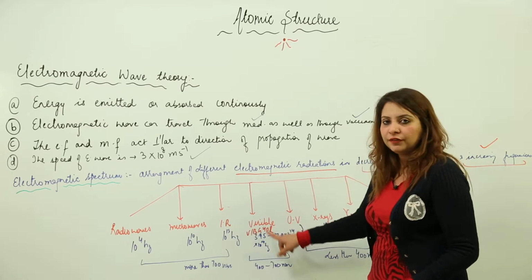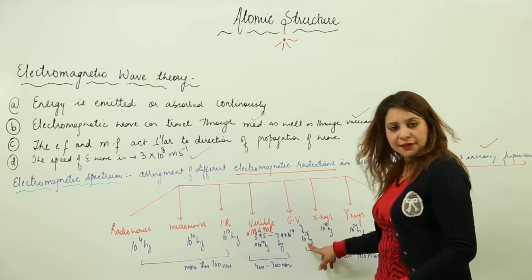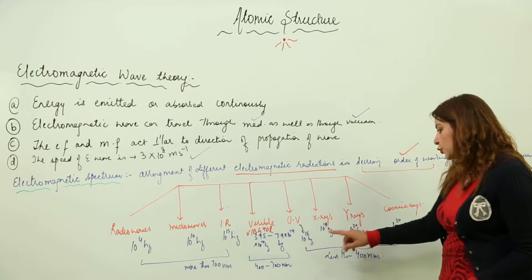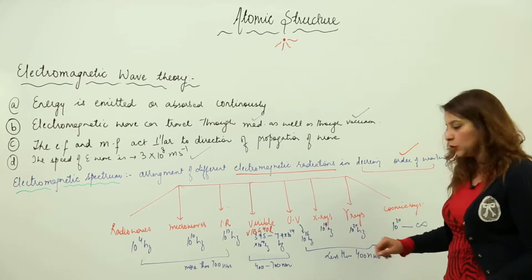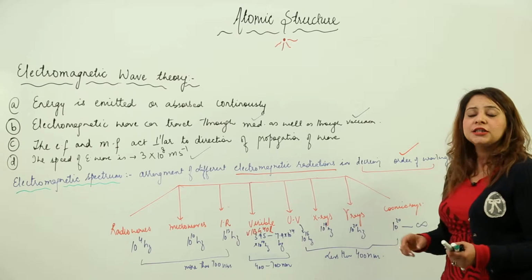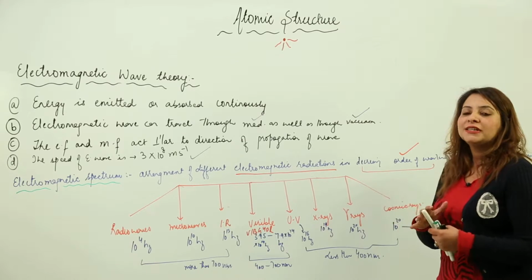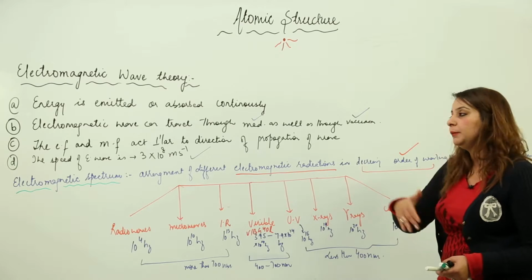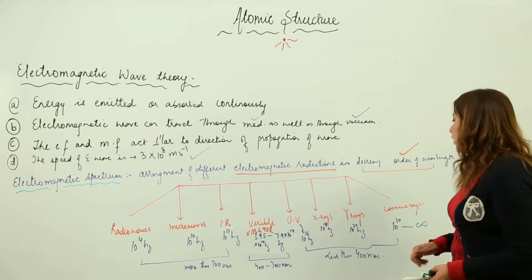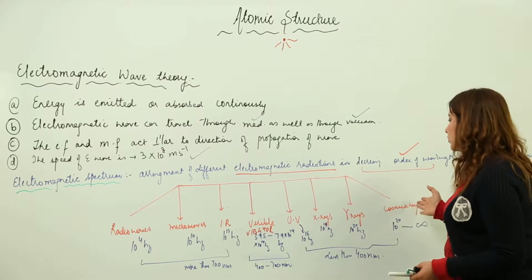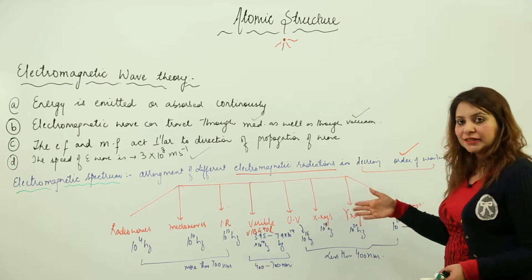UV rays are 10 raised to power 16, X-rays 10 raised to power 19, gamma 10 raised to power 20, and cosmic rays have frequency more than 10 raised to power 20, which may extend up to infinity. As you can see, the frequency is increasing.